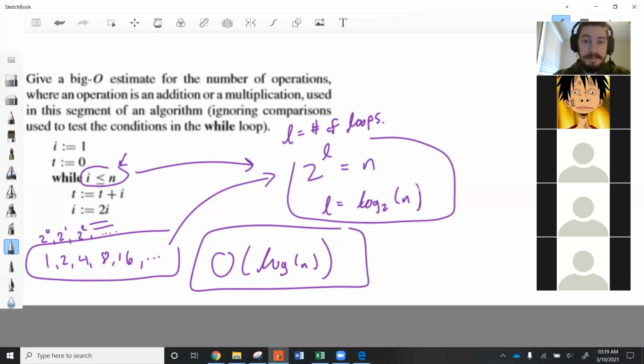The number of times you double is described by this exponential function. We want to know when that reaches n, and gets bigger than n, actually. The moment it does tells us how many times you run through the loop. So you solve that for L and get log. So, let's maybe move on from this one.